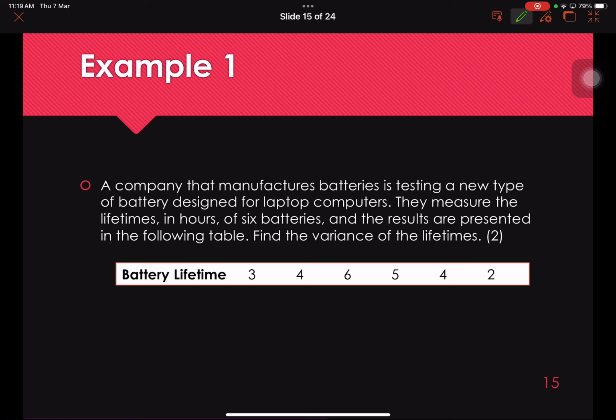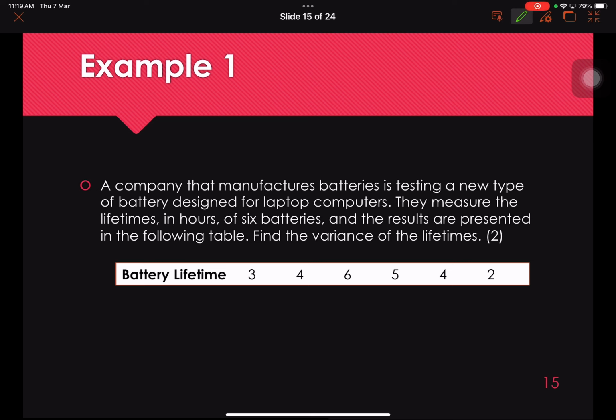Population or sample? What do you think? I should do voting, then we can see the answer. Just a normal guy here, Arman Izhar. Population or sample? Sample?